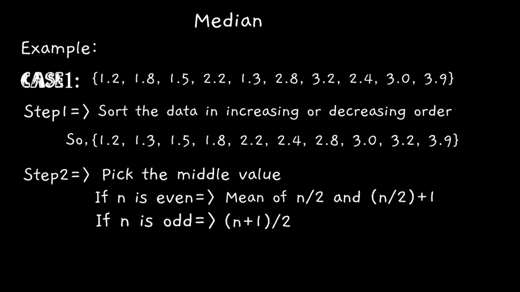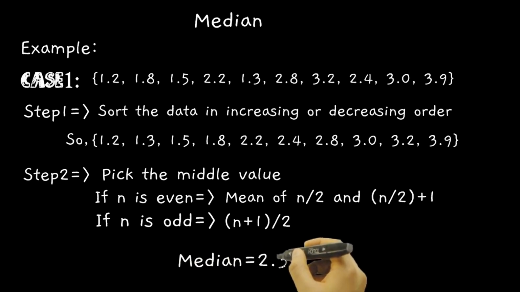If you notice, the central number is between the 5th and 6th value, that means 2.2 and 2.4. So I will take the simple mean of 2.2 and 2.4, which is nothing but 2.3. So in this case, the median is 2.3. Here we have taken the average of the n by 2 and n by 2 plus 1th observation since n is even.